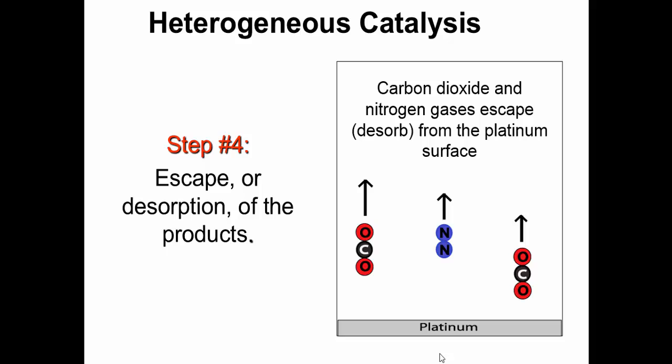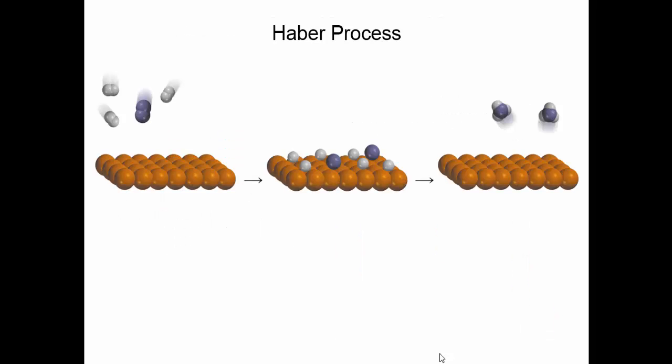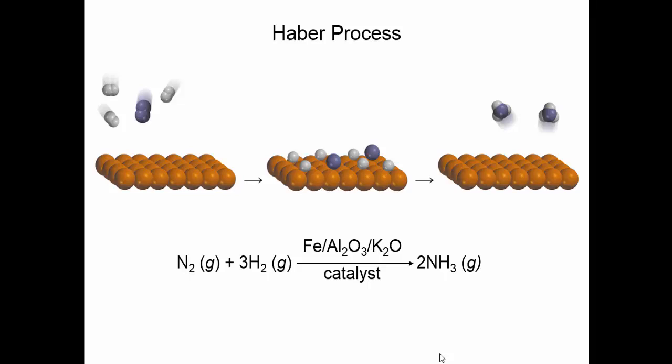attraction for them. In the Haber process, what you have happening is the production of ammonia, and you use N2 gas and 3H2 gas to produce NH3, which is the ammonia. But to make that reaction favorable, we use an iron, aluminum oxide, and potassium oxide surface.